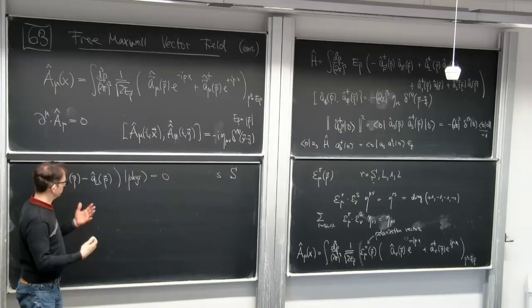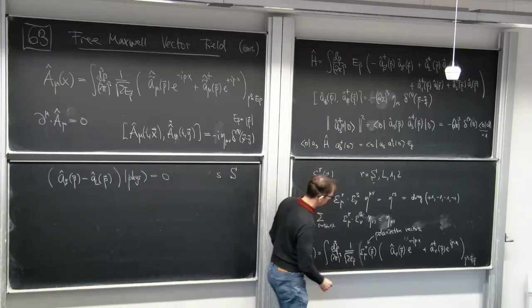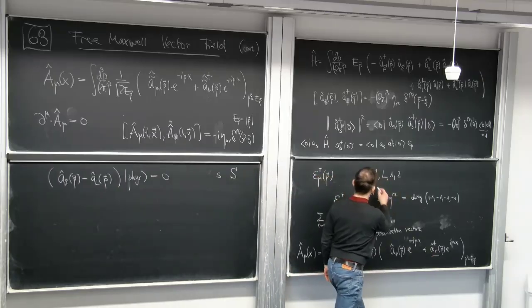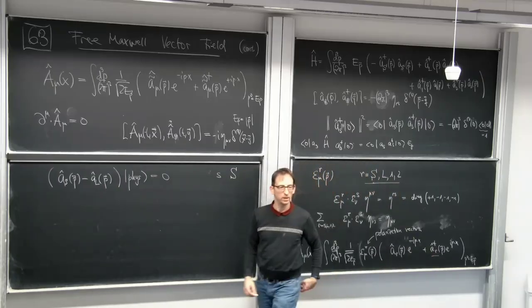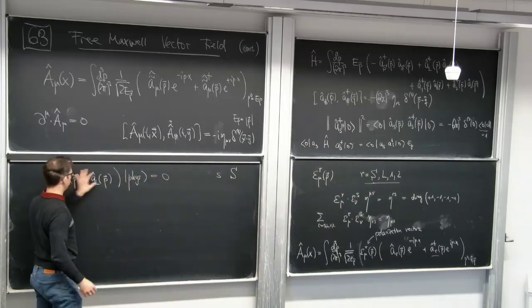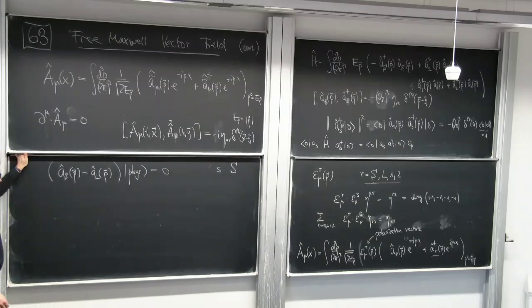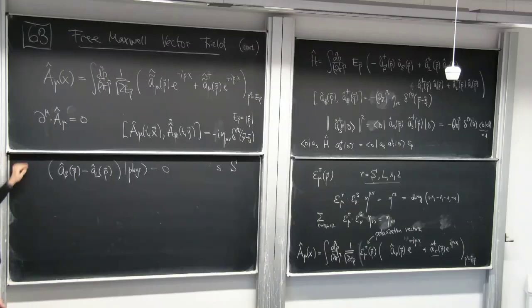So the Fock space is created by all of the A's, with all 4 polarizations, but then we select those that are annihilated by this thing. Now one has to show that this is enough to get rid of the negative norm states.